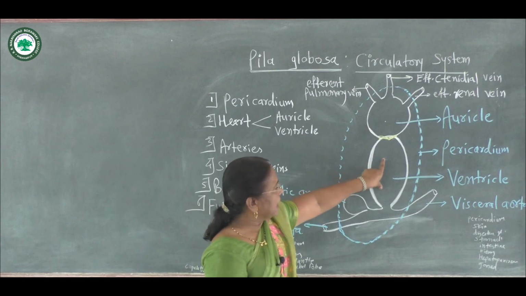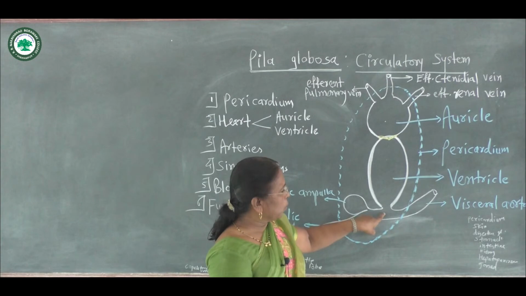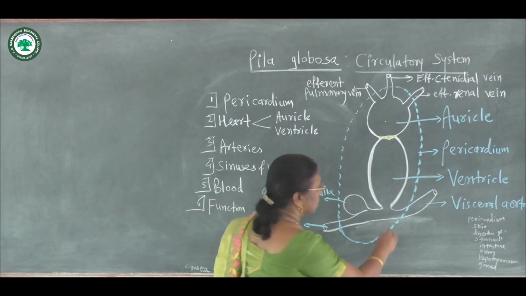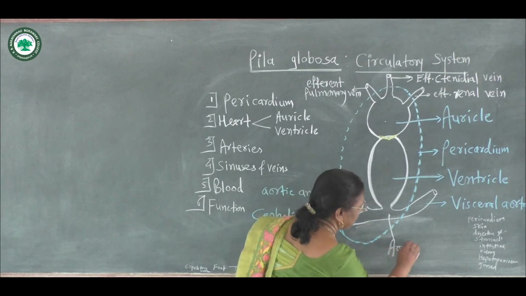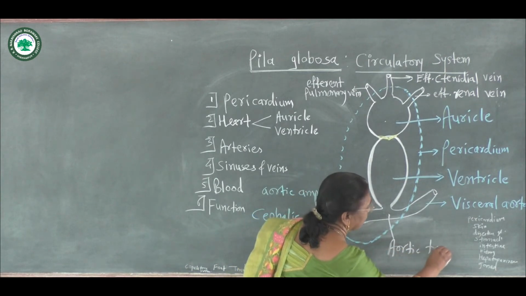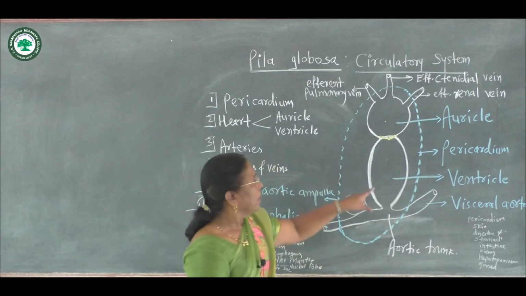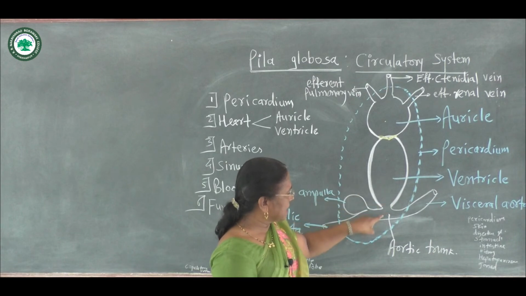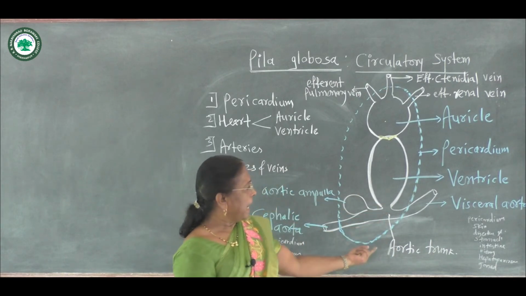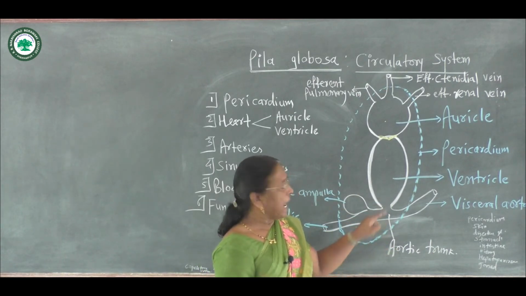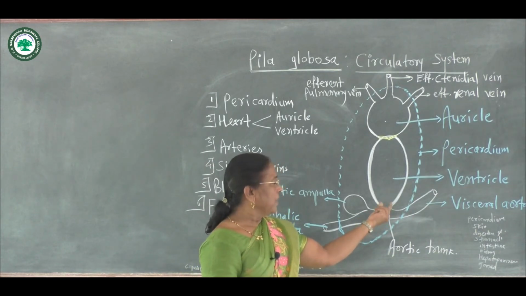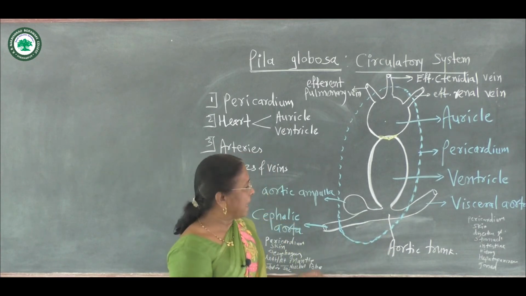This ventricle posteriorly opens into a large artery called the aortic trunk. Thus, from the ventricle, blood enters immediately into the aortic trunk through a small aperture which is again guarded by semilunar valves.